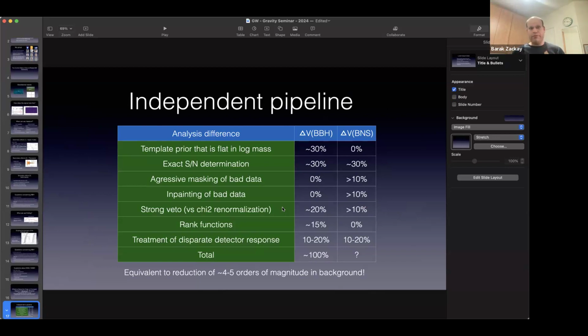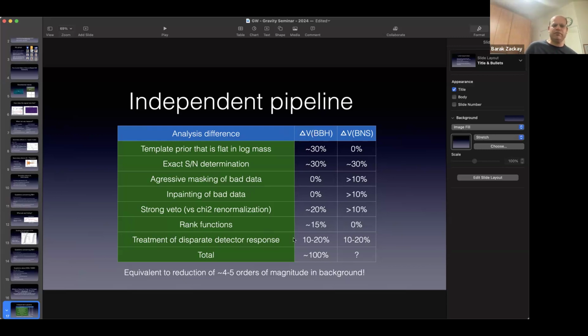We've shown in the past that it's valuable to have an independent pipeline, because we have shown improvements to the analysis that, by the way, have since found their way into the main LIGO analysis. We found improvements to the volume.